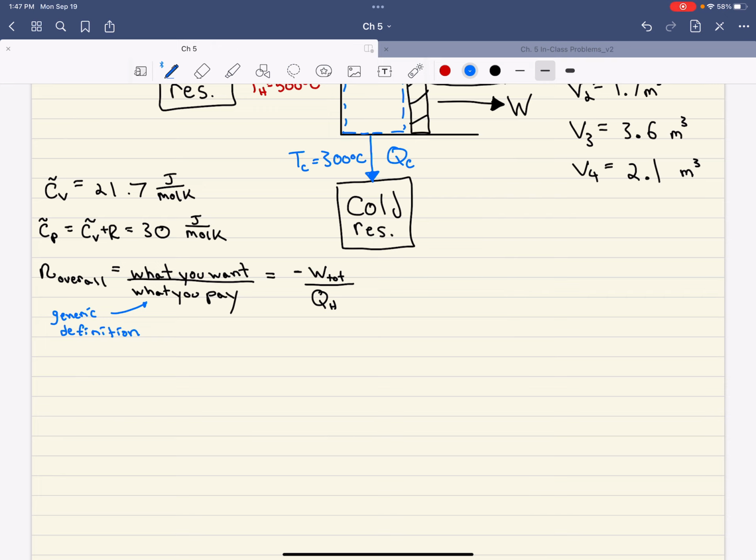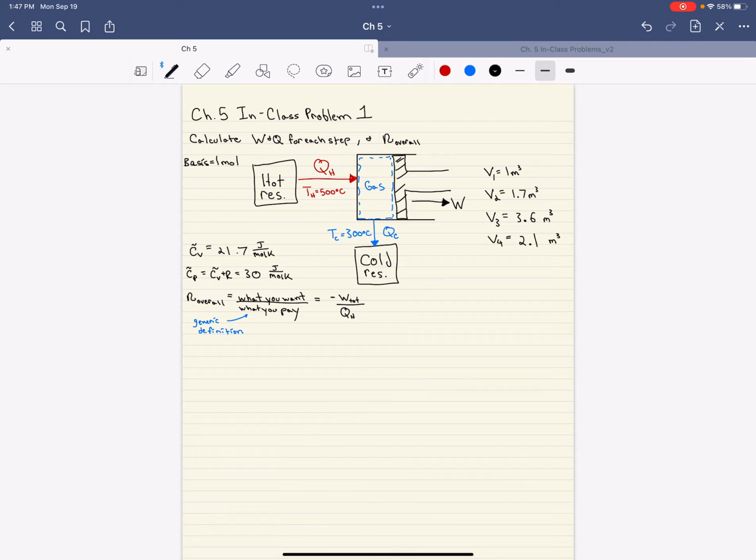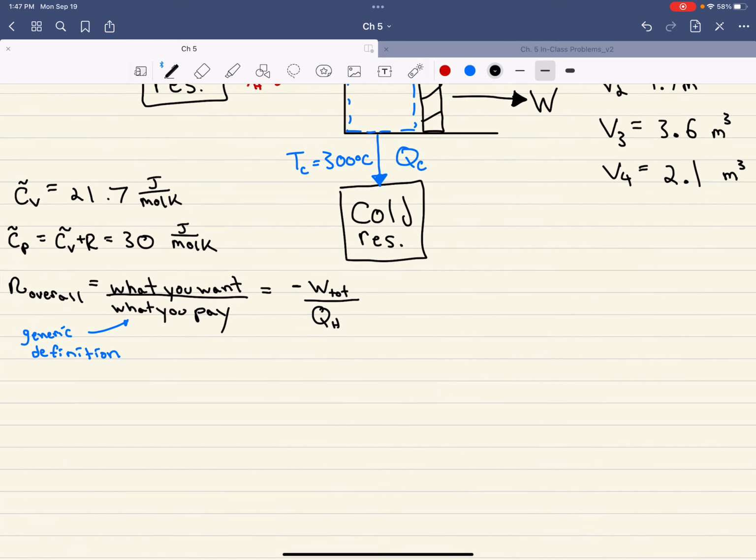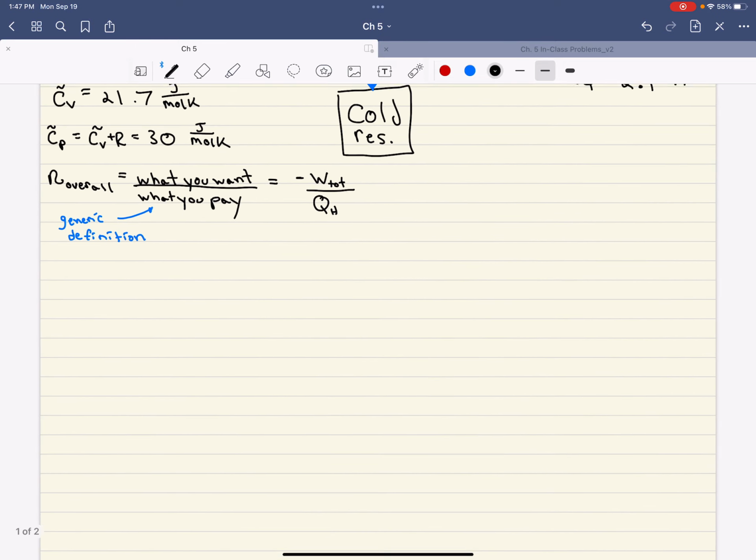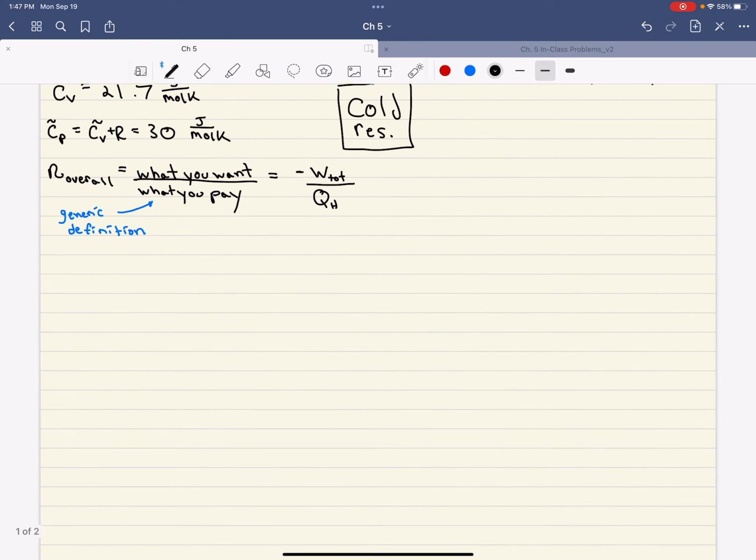Okay, and so here's the description of our Carnot cycle. But just as a reminder, here I just want to sketch out what the different steps of the Carnot cycle are.